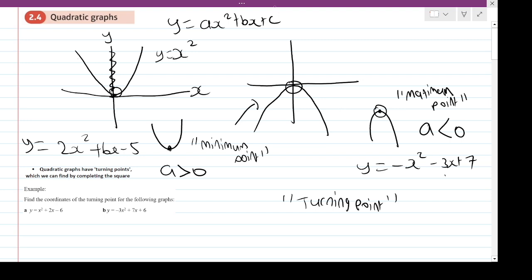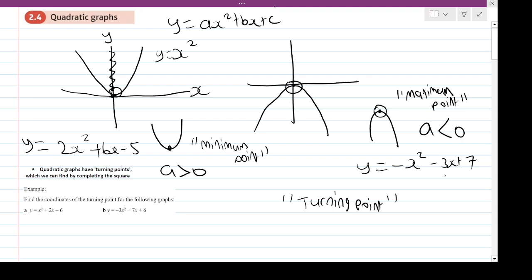So it's reaching a highest point, and this highest point is the maximum point. Hopefully you can see here with this graph that I circled. It's going up and up until it reaches its top point, and then it goes back down. And that is what we call the maximum point.